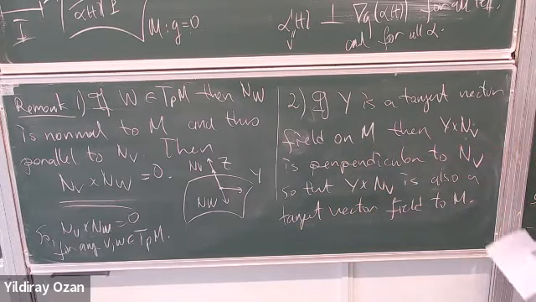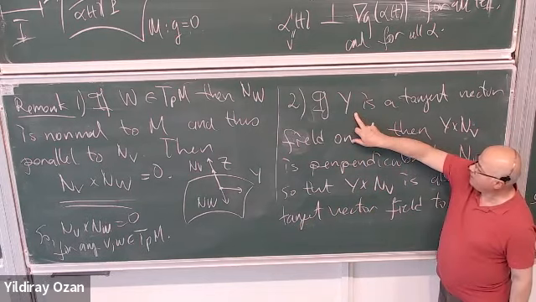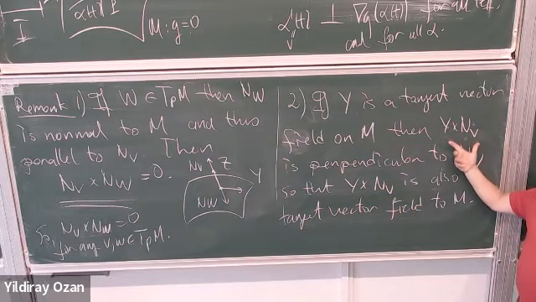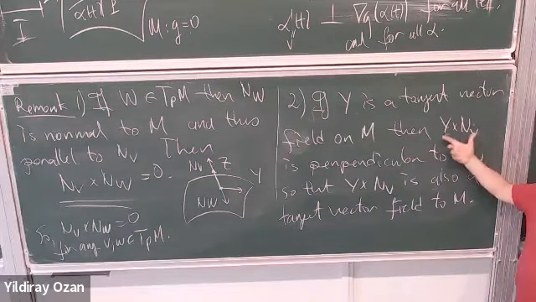So this is a cheap way of obtaining a tangent vector field, given that you are given another tangent vector field. So if Y is any tangent vector field, if you cross that with any normal vector field, then what you get is another tangent vector field.